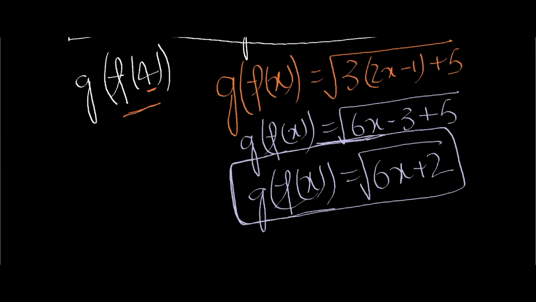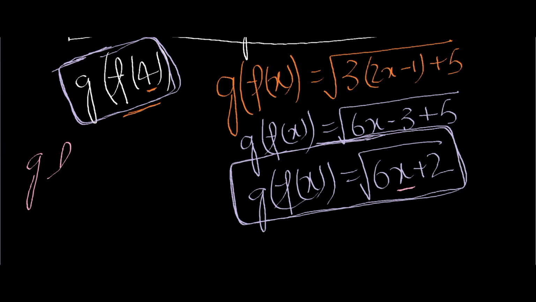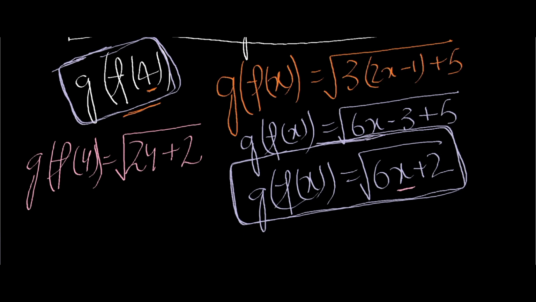In this composite function, now put x equals 4, because the question asks me to find g of f of 4. It means put 4 in the domain of this composite function. So it would be g f of 4: 6 times 4 is 24, plus 2, and 24 plus 2 is 26.